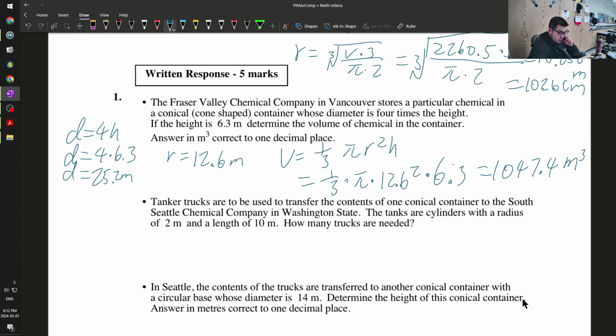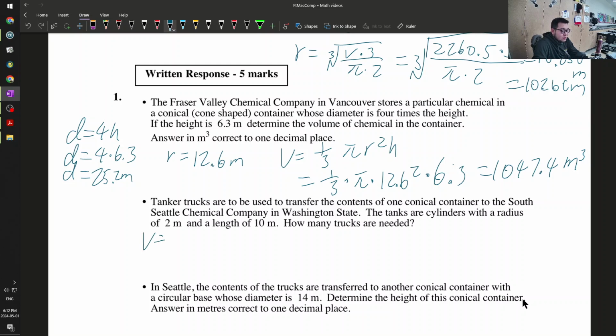Okay, tanker trucks are used to transfer the contents of one conical container to South State Chemical Company in Washington State. The tanks are cylinders with a given radius and length.